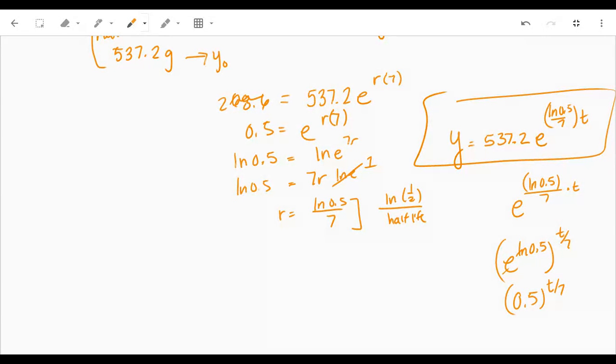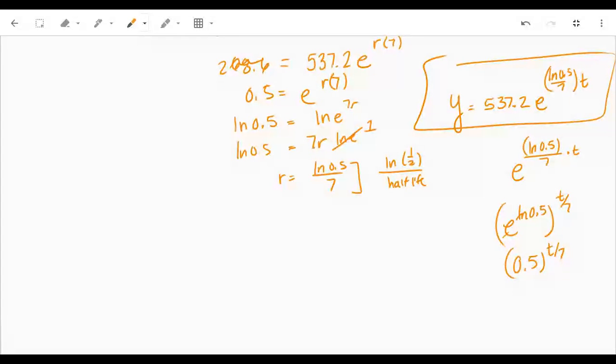So another form, and you can see if maybe Alex will take this too. Y equals 537.2 e to the natural log of 0.5 over 7 times t is equivalent to 537.2 times 0.5 to the t over 7, if you want to do that.